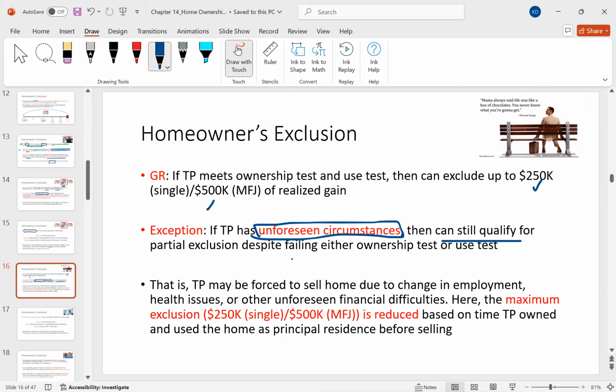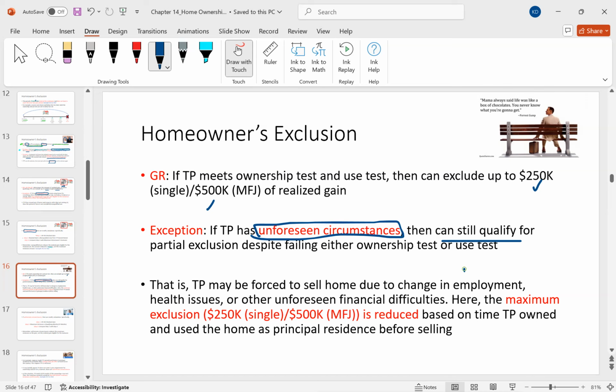Right? So think about these kinds of things. You buy a house, and you live in it a year, and then you get a new job halfway across the country. I didn't own and use the house for the last 2 of the 5 years. Do I get no exclusion if I sell it? Well, the IRS says no, that's unforeseen circumstances, right?